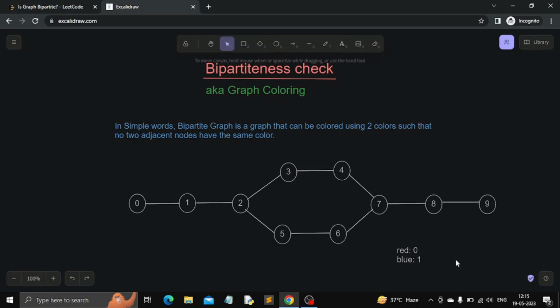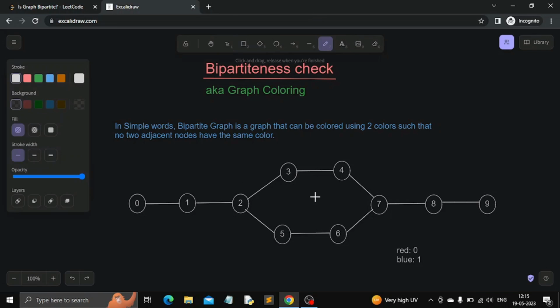Currently we are not writing any algorithm, we will just try to get some clarity on this problem. So we will begin with node 0 and we will color it red.